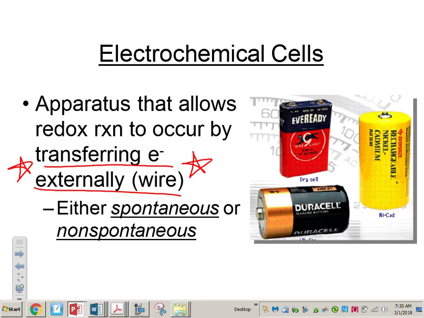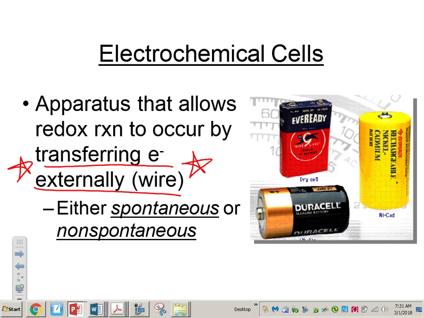By forcing those electrons to travel from the place where they're lost, oxidation, to the place where they're gained, reduction, now we have electricity that we can use to do things like check Snapchat. So an electrochemical cell is simply a device that uses the idea of a redox reaction to put the electron movement to good use.